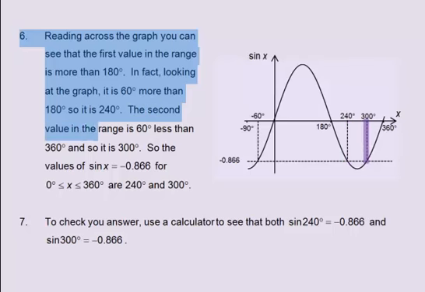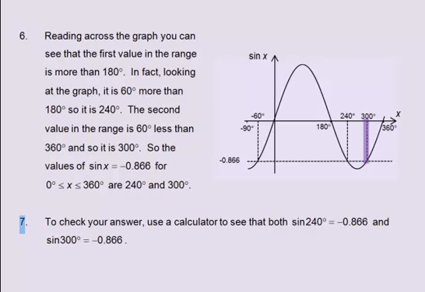The second value in the range is 60 degrees less than 360 degrees, and so it is 300 degrees. So the values of sine x equals minus 0.866 for x greater than or equal to 0 and less than or equal to 360 degrees are 240 degrees and 300 degrees.